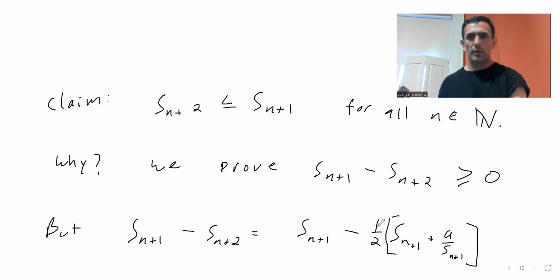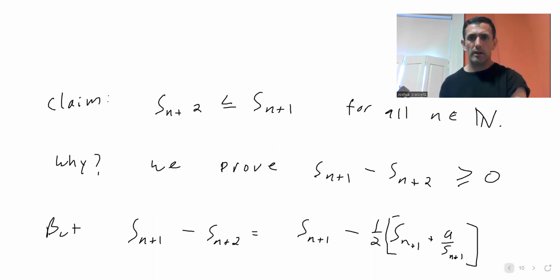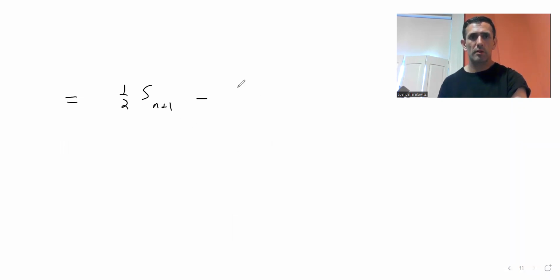Okay, so we could simplify this. We have S_{n+1} minus 1/2 S_{n+1}, which is just 1/2 S_{n+1}. And then we have minus 1/2 A over S_{n+1}. Let's get a common denominator and pull out a 1/2.